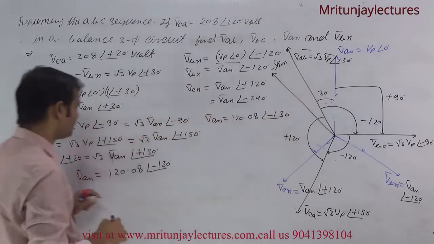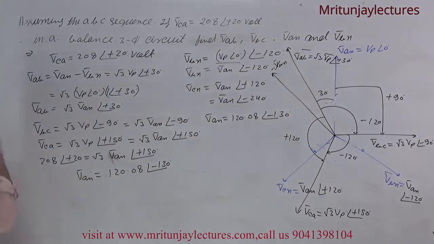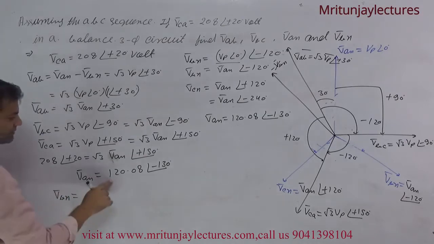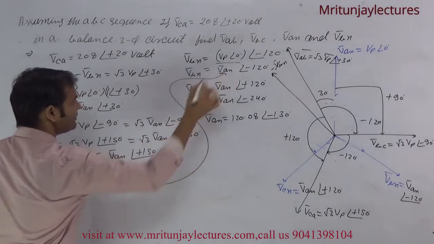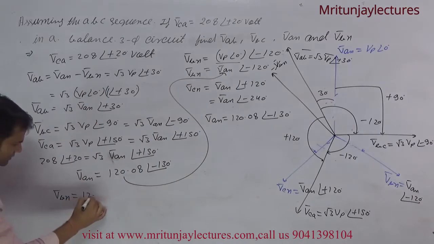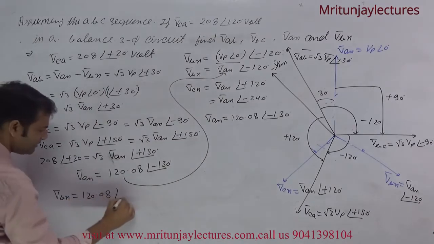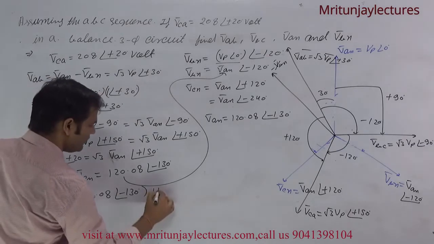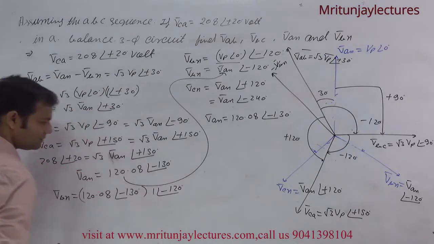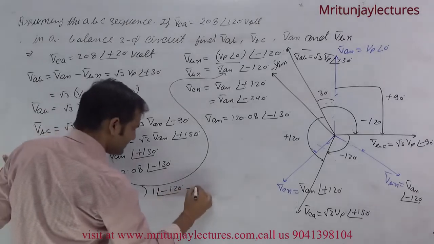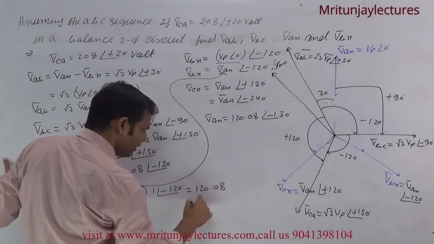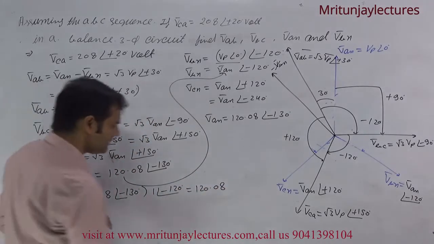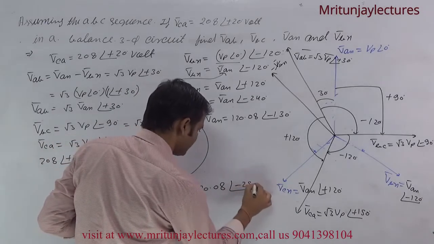What about BN? Putting this value here, BN is 120.08 at the angle minus 130 into 1 at the angle minus 120. So it is written as 120.08 at the angle minus 250.